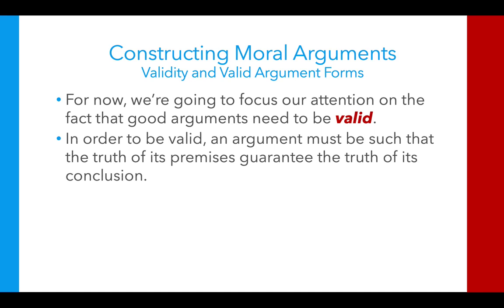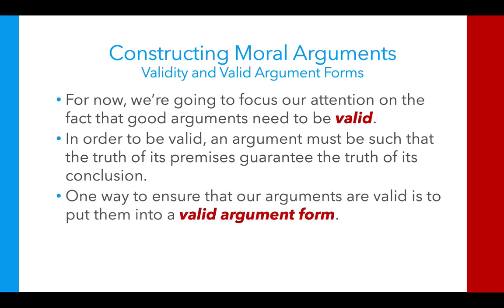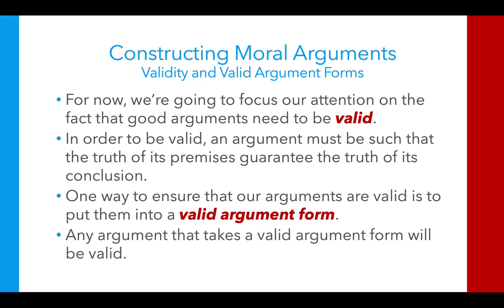In order to be valid, arguments must be such that the truth of their premises guarantees the truth of their conclusions. One way to ensure this is to put them into valid argument forms. And any argument that takes a valid argument form is going to be valid. So that's what we're going to try to do. We're going to try to put our arguments into a valid argument form. And that's what we're going to look at in the following videos.